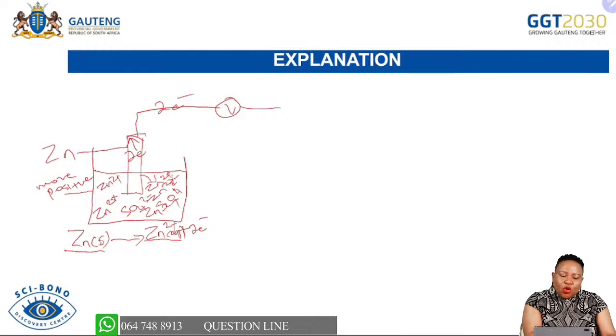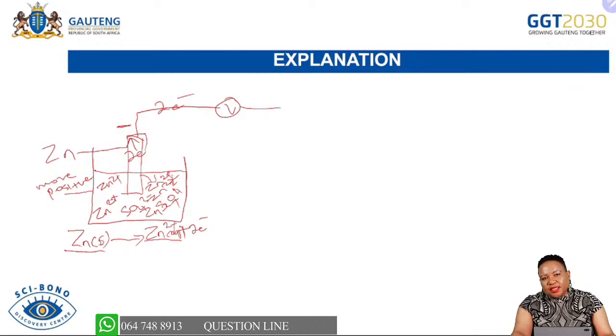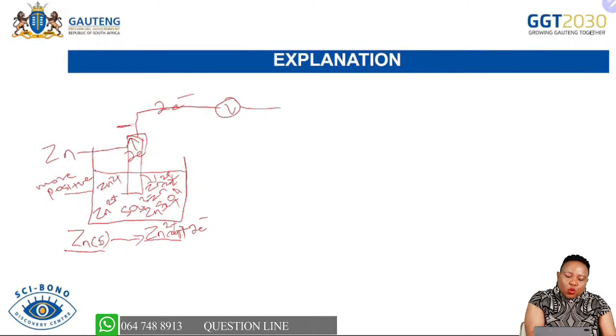Therefore, because electrons are being repelled by the zinc electrode, this means that our zinc becomes our negative electrode because it repels negative charges. We know that like charges repel. So that is why our zinc electrode becomes our negative electrode. And for that reason, it's going to be our anode, where oxidation occurs.